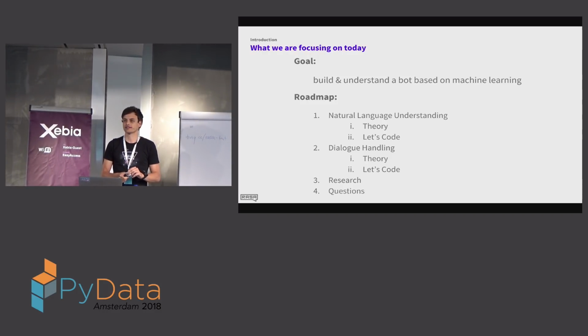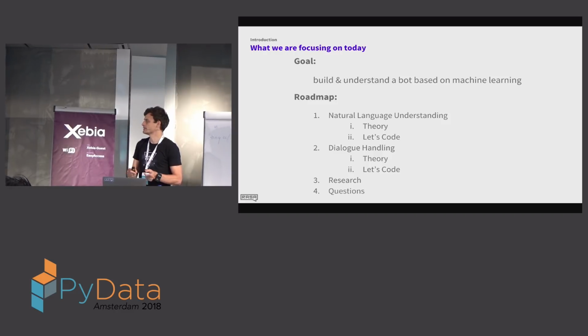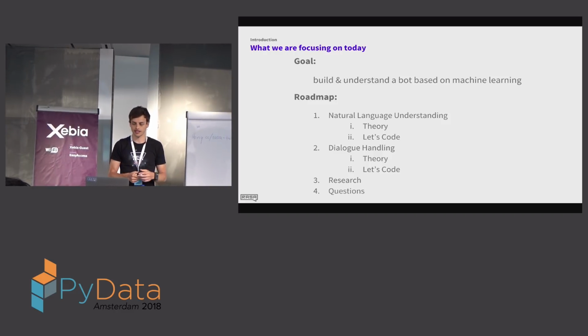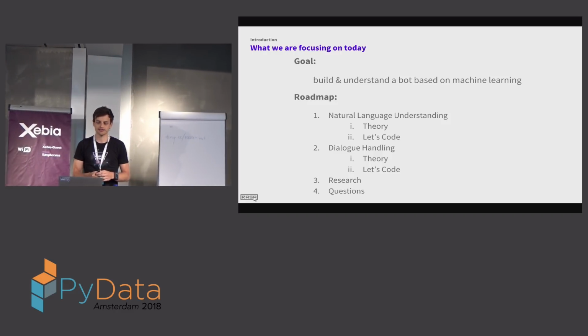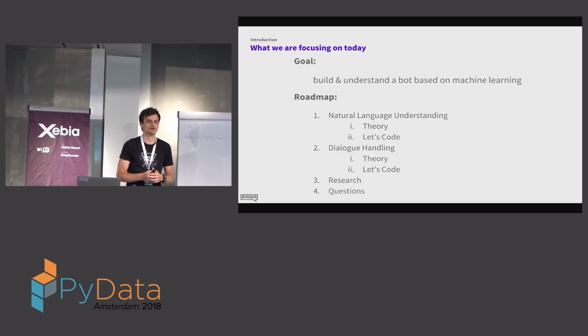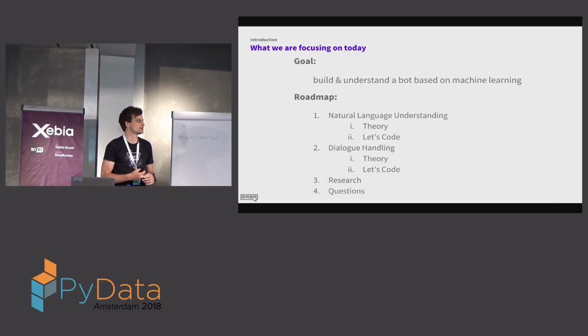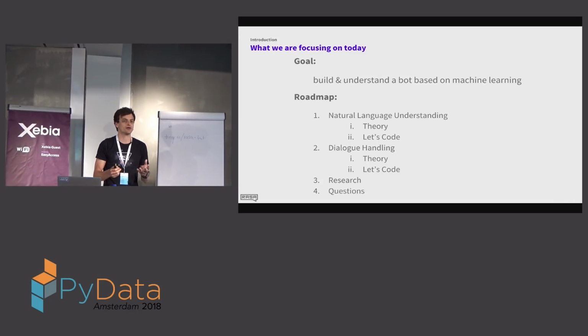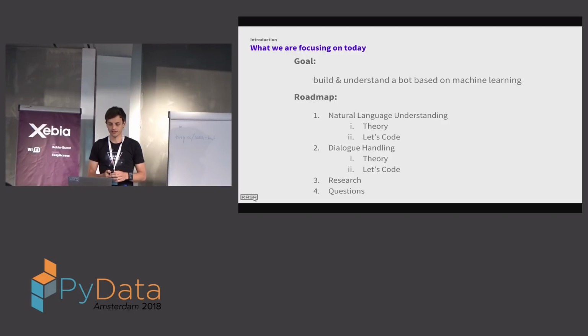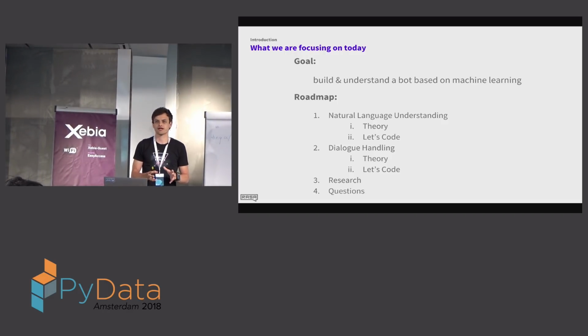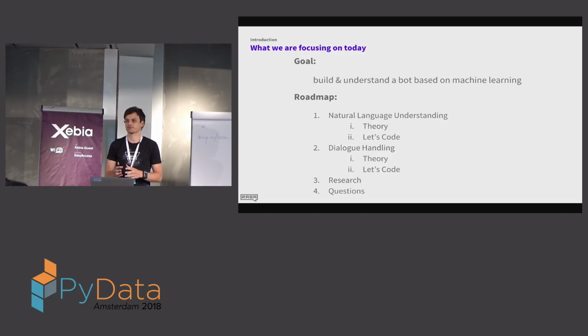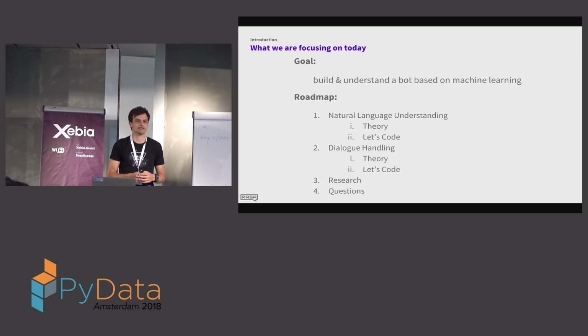Then we're going to have a look at dialogue handling. Again, some theory, some coding, and at the end, I also want to have a look at some research we're currently doing. So just telling you about different topics, different areas we're currently looking into improving models. And there's probably some time at the end for questions, but if you have questions in the meantime, just let me know, raise your hand, and then we'll tackle them right away.